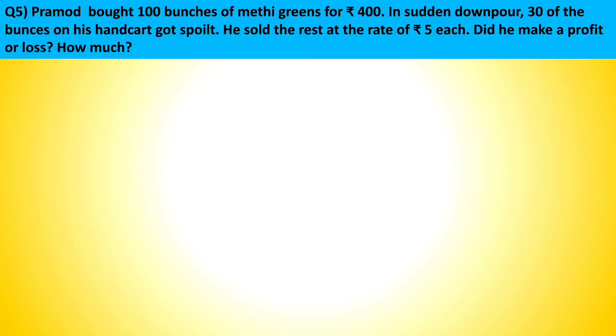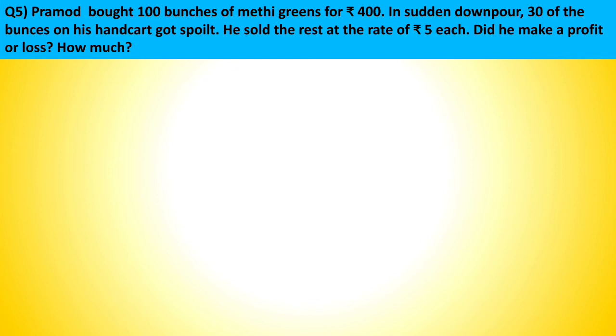Question number 5. Pramod bought 100 bunches of methi greens for rupees 400. In a sudden downpour, 30 of the bunches on his handcart got spoiled. He sold the rest at the rate of rupees 5 each. Did he make a profit or loss? How much? Here Pramod bought 100 bunches of green methi for rupees 400.